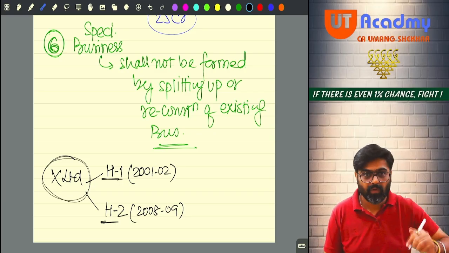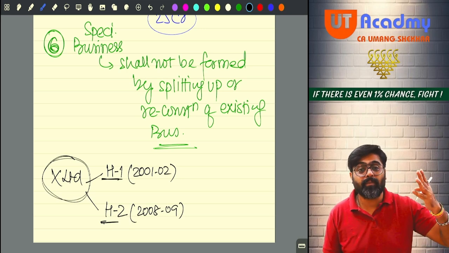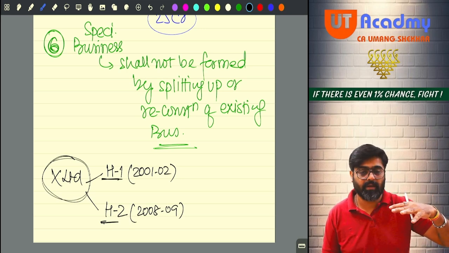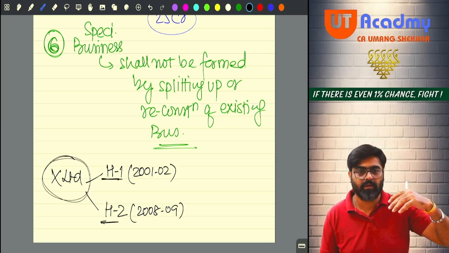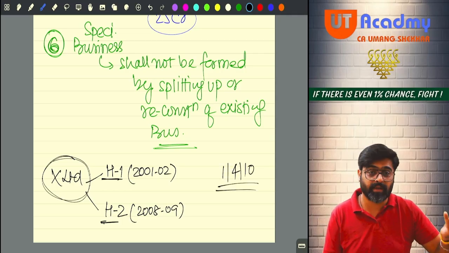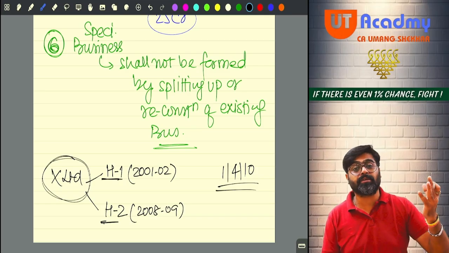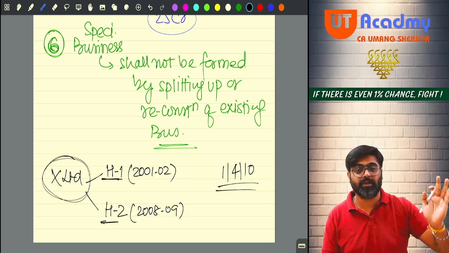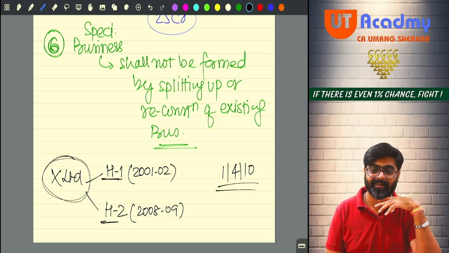Now, what happened? Our government brought an amendment in section 35AD with effect from 1st April 2010 or after that. If the operations of a 2-star or more category hotel are commenced, the assessee will get 35AD.